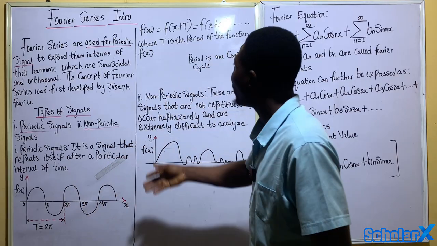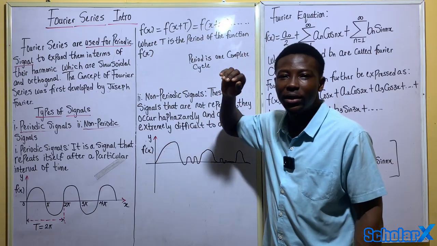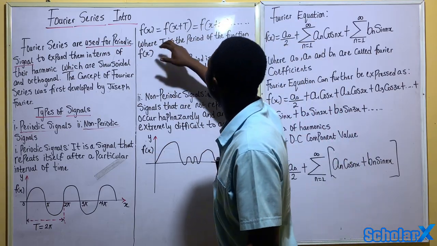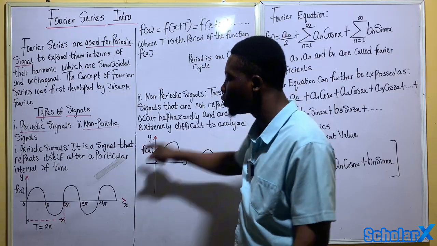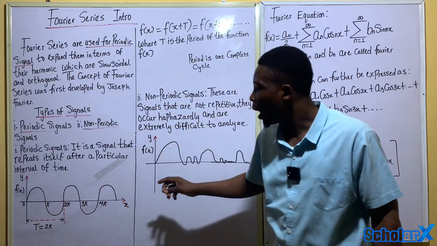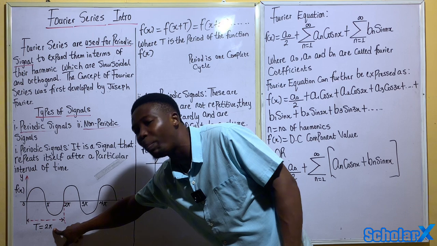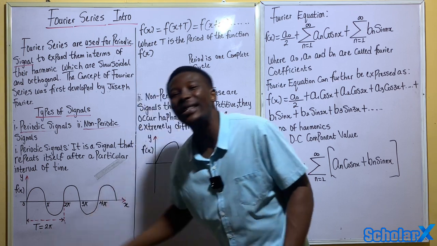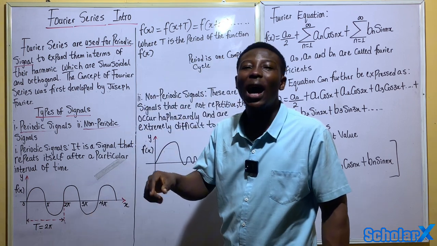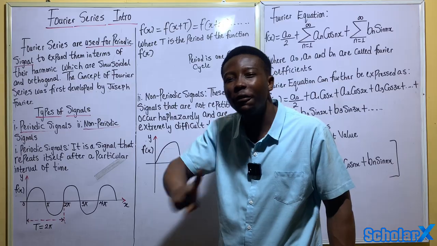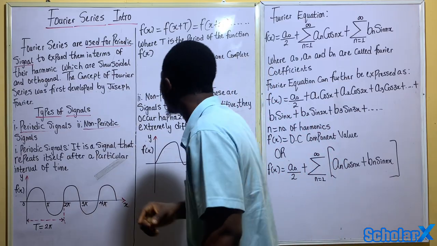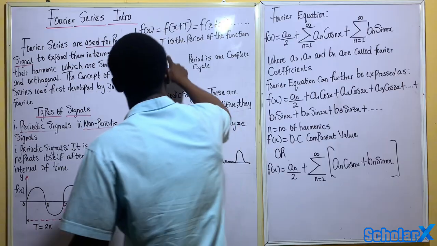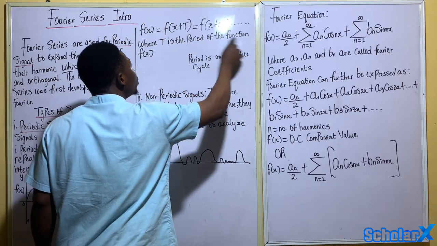So I can go further to express this: f of x is equal to f of x plus T is equal to f of x plus 2T, and so on and so forth. And what is T? T is the period. That's how long it takes to complete a full cycle, so T is the period of the function.